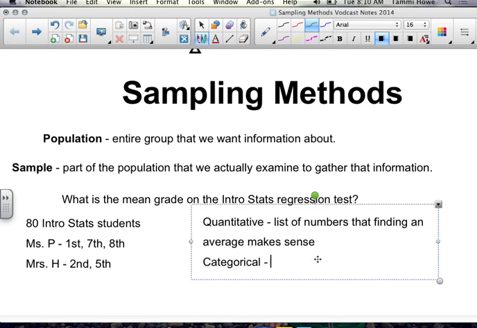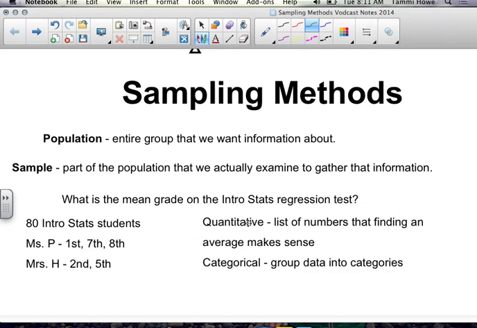And that's usually where we group data into categories. And one example that I always use is I always say, if we're interested in favorite colors, then when we ask people what their favorite color is, we'll put them into the category of blue or green or pink or orange or whatever it happens to be. While in this scenario, we're not putting people into categories. We're asking, what grade did you earn? And so we're going to get a number, and it makes sense to find the mean later on.